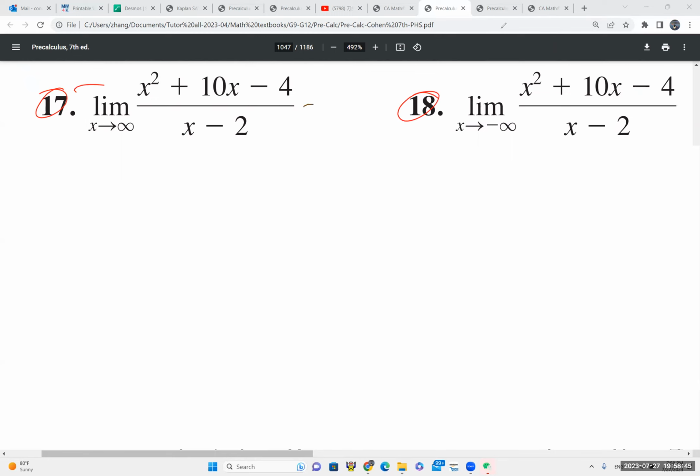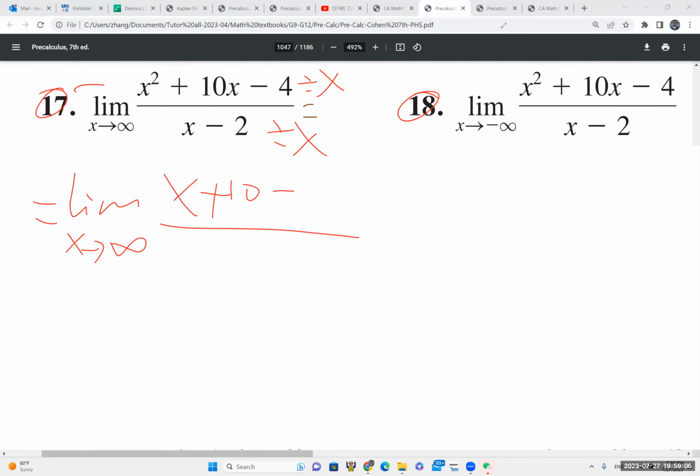So I suppose you have two ways to find the limit. One is you divide both by x, then you get the limit as x approaches infinity. Here it goes to x plus 10 minus 4 over x, and here it goes to 1 minus 2 over x, right?